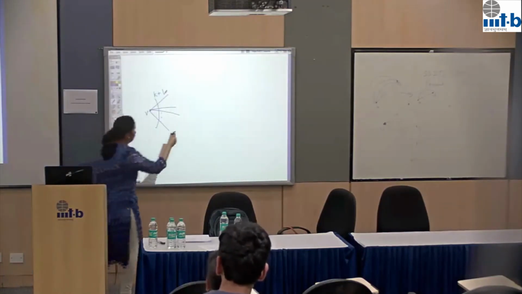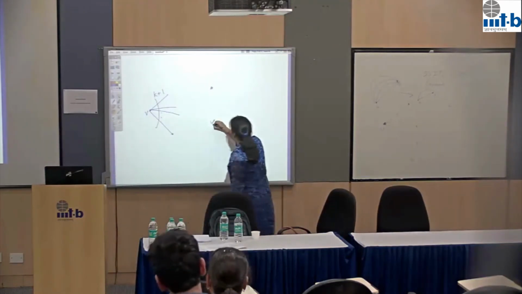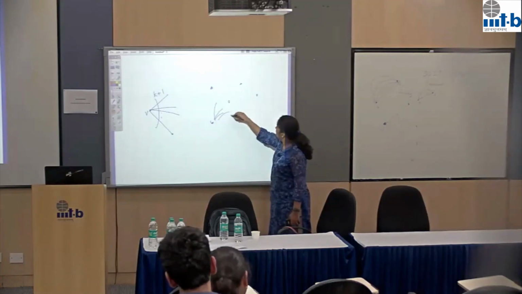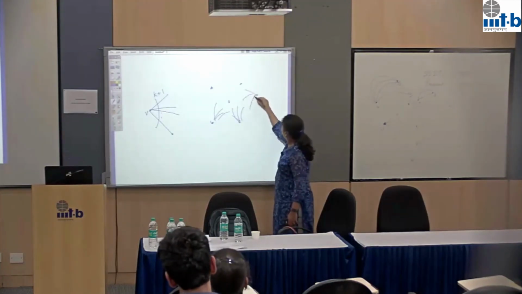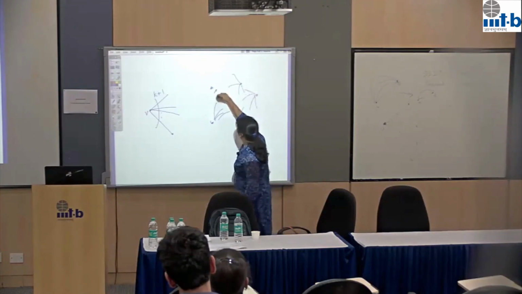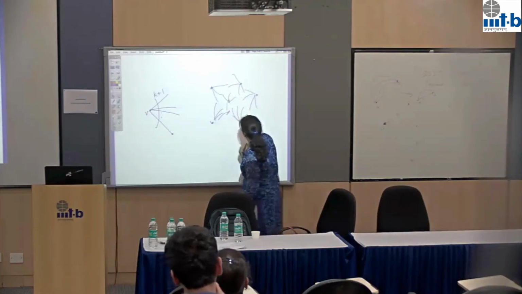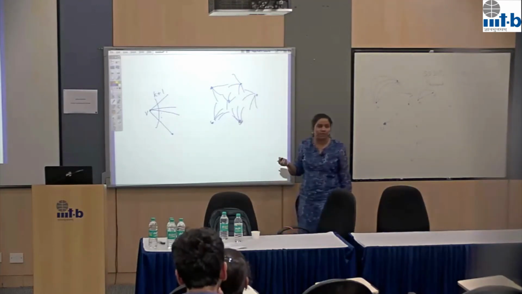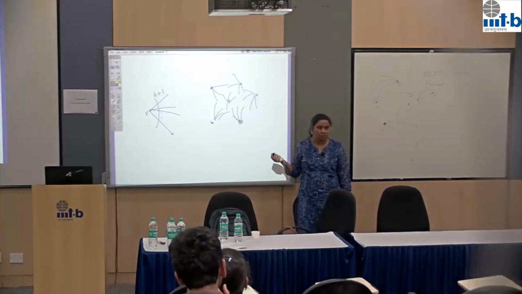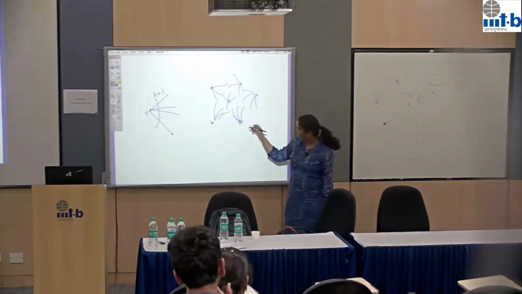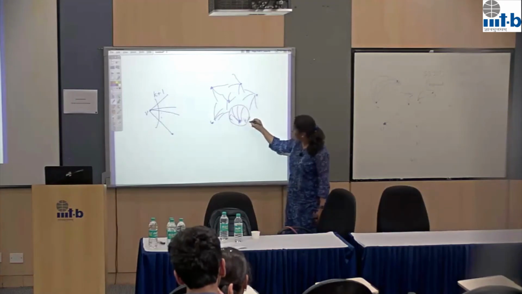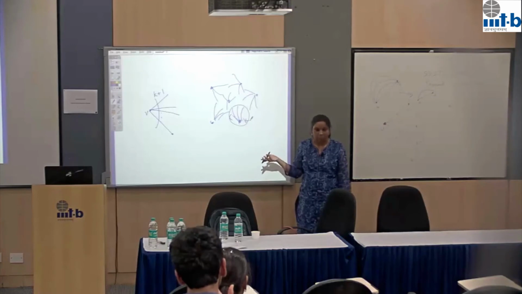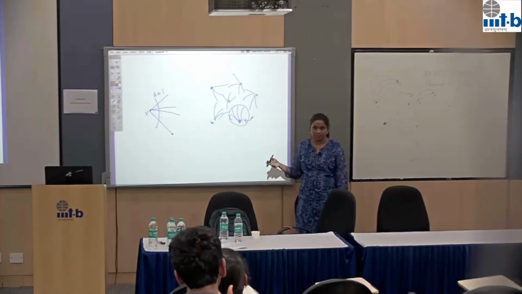See, let's say we have a k-sized vertex cover. It covers all the edges, and each one of them can cover how many edges? K edges, right? Each of them can cover k edges. There are k vertices in the vertex cover, and all the edges are covered by some vertex in the vertex cover.